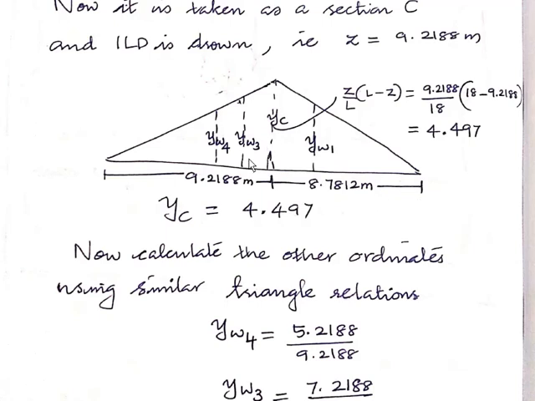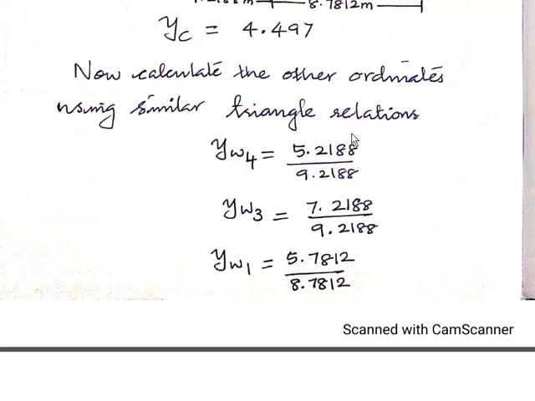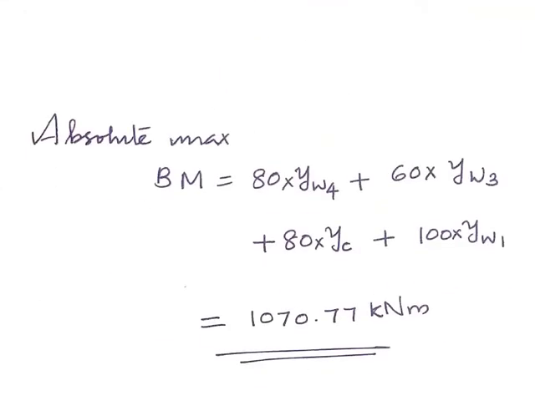Similarly, to find YW3 and YW4, we can use this triangle. We know each distance once you mark them, and then you can easily substitute the values and get the ordinates. So these are the values of the ordinates. And finally, absolute maximum bending moment is equal to each load multiplied with the ordinate below each load, which will give the value of absolute maximum bending moment on the beam.